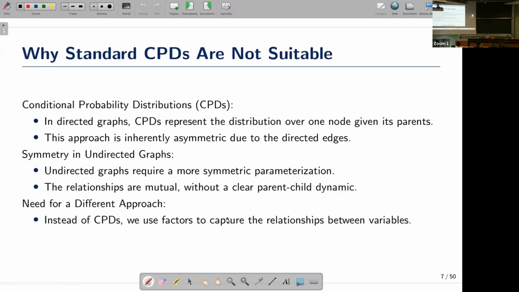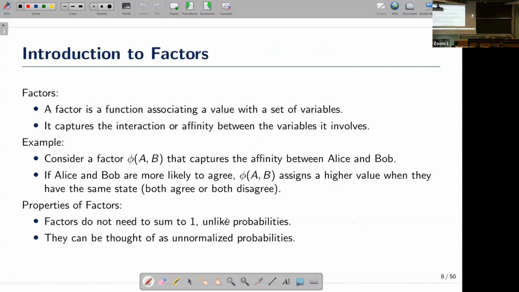Because when we use undirected graphical models, we don't have parents anymore, so we cannot condition on the parents, and we don't have conditional probability tables, but we rely on something called factors. We will indicate the factors with this phi. So phi of A and B means that the variables A and B are neighbors. We know what neighborhood means, right? First part of the course.